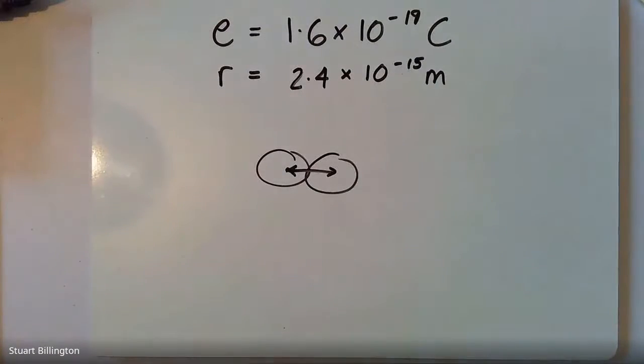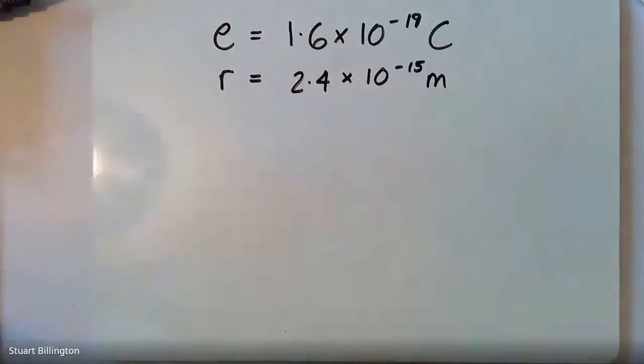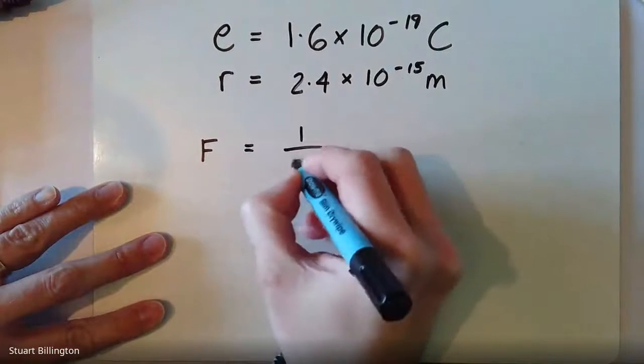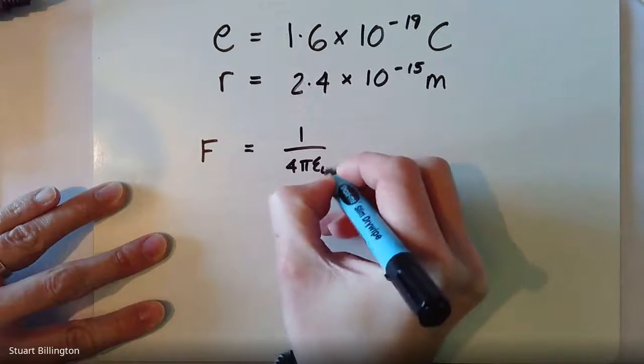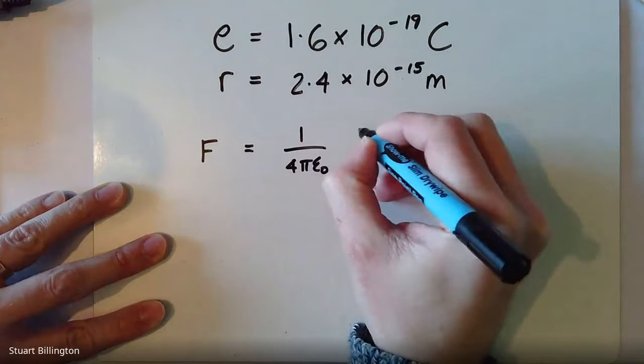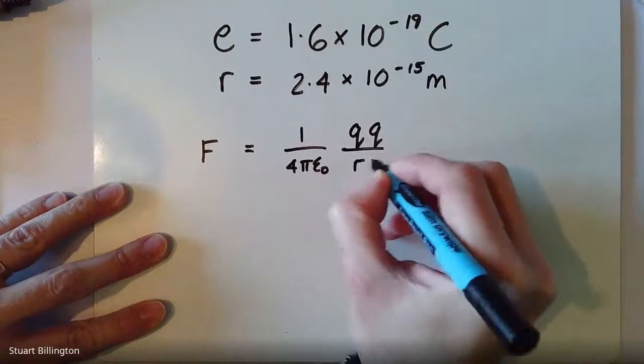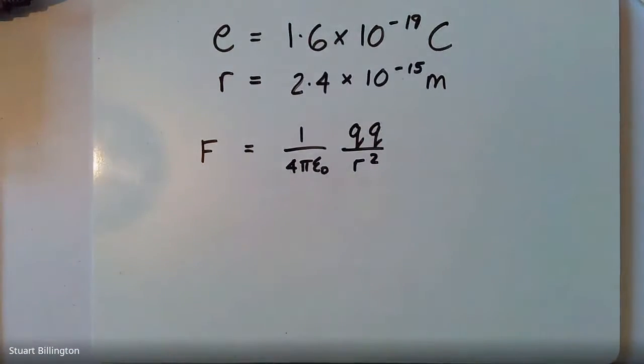So those are your 2 numbers that you need for your data. Could you please tap those into this formula and work out what the force of repulsion is between a pair of protons in an atomic nucleus?